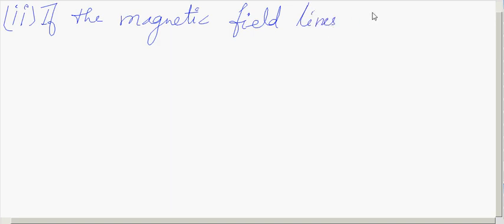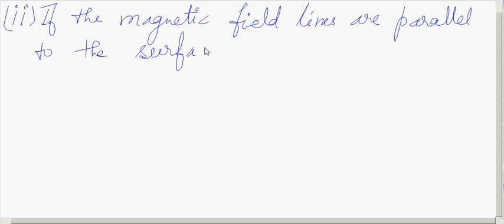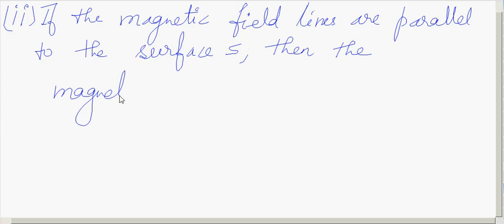If the magnetic field lines are parallel to the surface, then the magnetic flux is BA cos theta, now calculate what is theta.